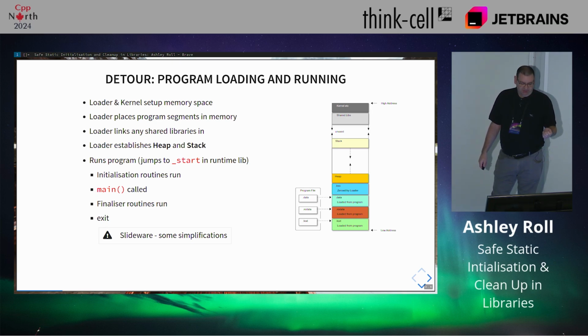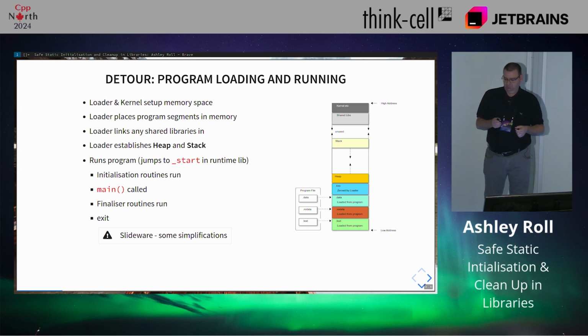When our program's up and running, the loader then essentially jumps into the start routines. So this happens before main. You may have seen the CRT0 or CRT1.0 files, somewhere like that. That's a compiler-provided startup routine. It's generally written in assembly, and it's very much platform-specific. Its job is to get everything else ready for your program to operate.